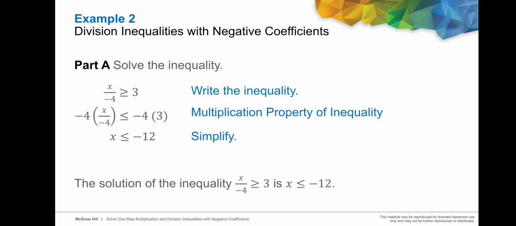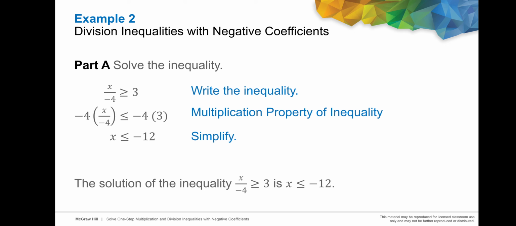Since the variable is divided by negative 4 and I want to isolate it, I will multiply the inequality by negative 4. And to keep the inequality true, I will multiply both sides by negative 4. As you multiply the left side, you should multiply the right side.